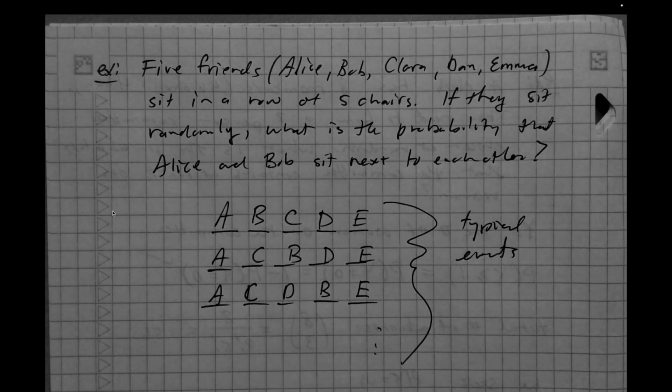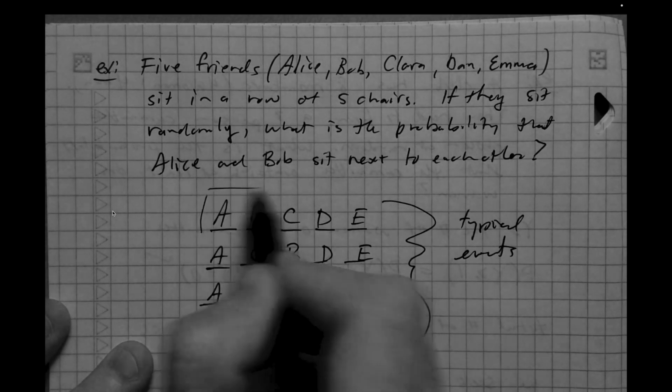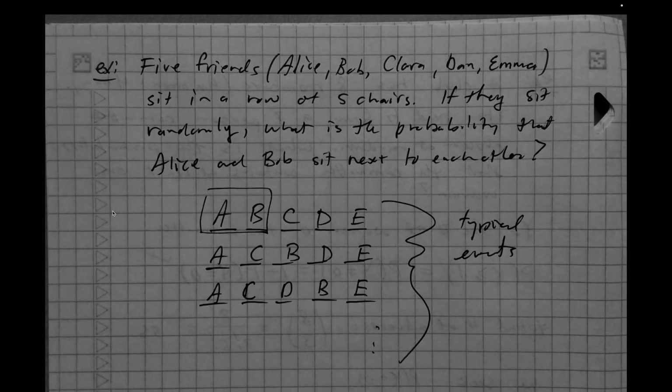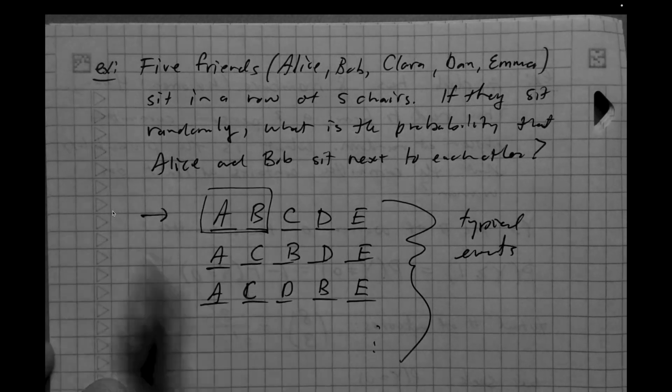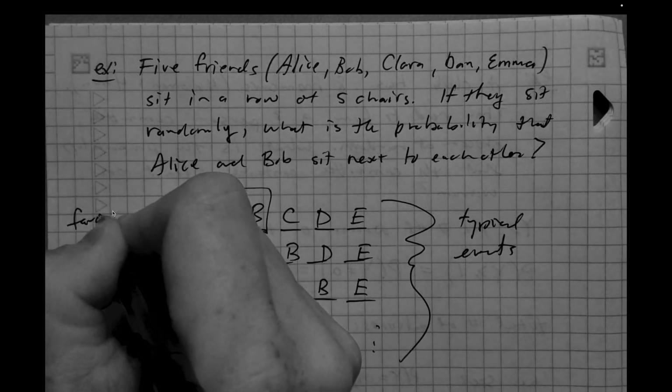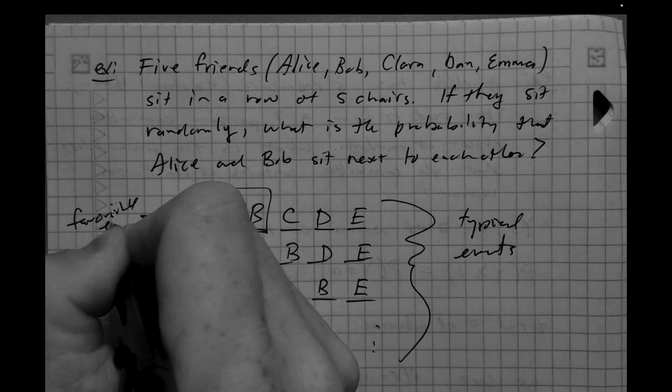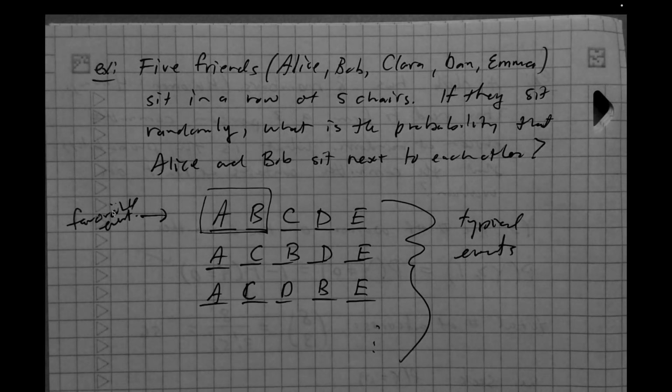And the events of interest are the ones that have A and B next to each other. So this is the event, this is what we're after. This is the favorable event, we'll say. This is the type of event that's going to go into the numerator of our probability.